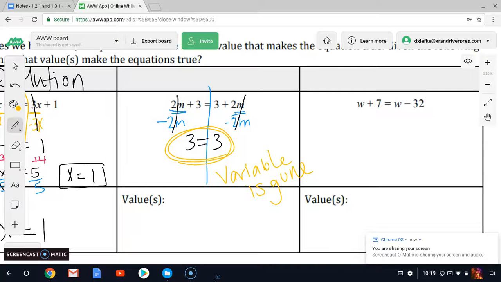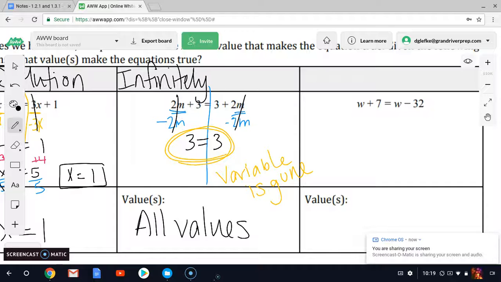Does positive 3 equal positive 3? Since it does, we can plug in any value for m, and it will be a true statement, which means all values are true. So all numbers work, which means there are infinitely many solutions.